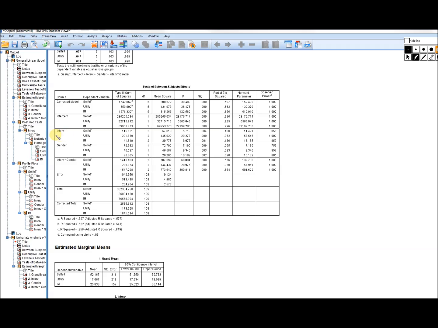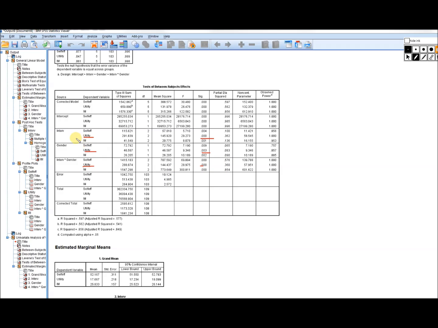So you can see, again, the effect of intervention on efficacy, gender on efficacy, and the interaction between the two were statistically significant. The effect on utility for intervention was significant. The effect of gender on utility was significant at the 0.05 level, and the interaction between the two was also significant.